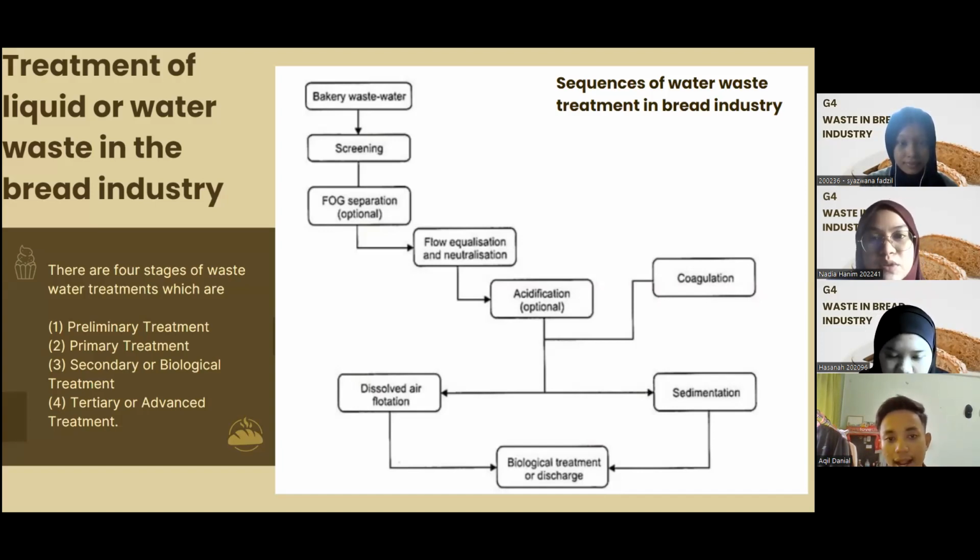So this is the sequence of wastewater treatment in the bread industry. First, bakery wastewater screening, FOG separation, flow equalization and neutralization, acidification, coagulation, dissolved air flotation, sedimentation, and lastly biological treatment or discharge. Next slide.